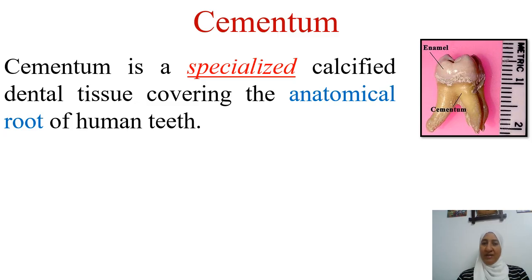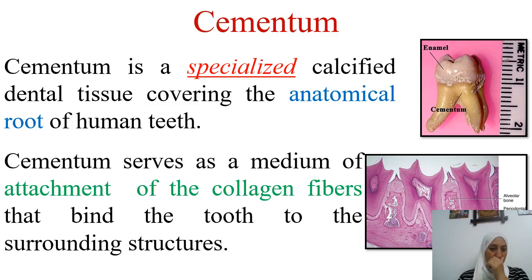As we know, cementum is a specialized mineralized calcified dental tissue that covers the anatomical root of human teeth. Cementum, as we see in this histological section, surrounds the whole root surface. Thus, it acts as a medium for the attachment of the periodontal ligament collagen fibers.